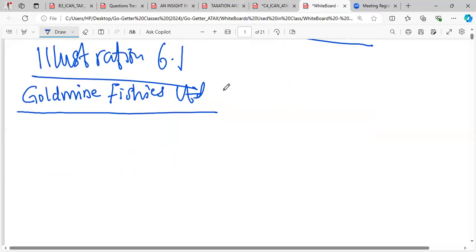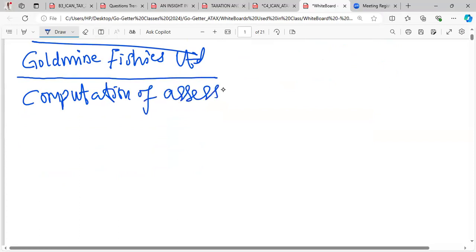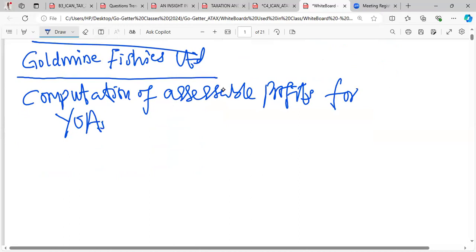So we will say computation of assessable profits for years of assessment. We'll leave it at that. We don't know the year of assessment. We'll come back and treat it.